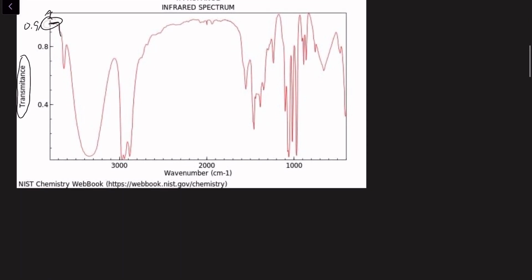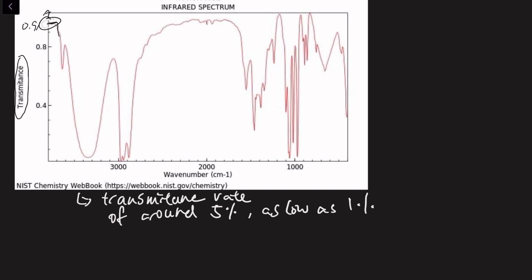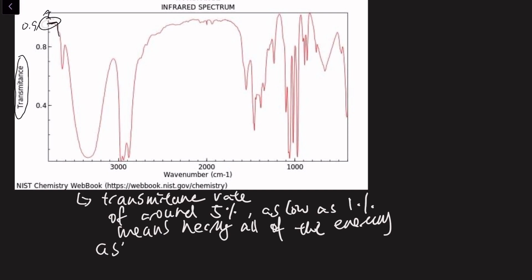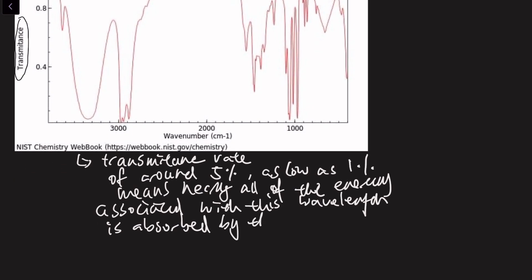But conversely, a transmittance rate of around 5% or even as low as 1% means nearly all of the energy associated with this wavelength is absorbed by the compound.